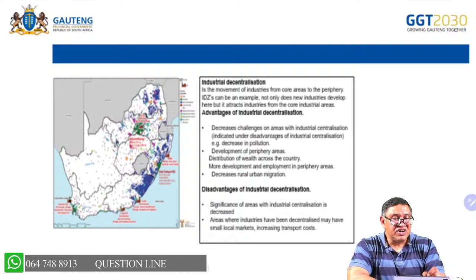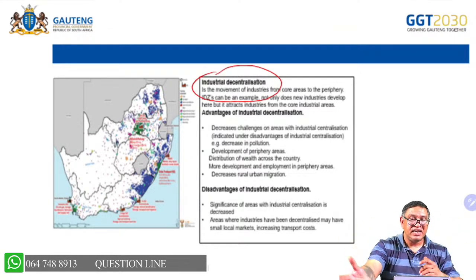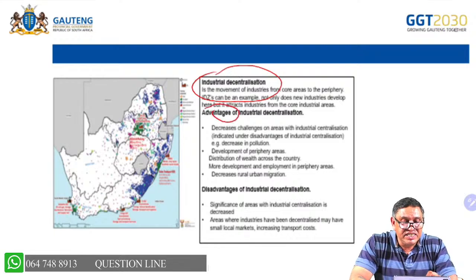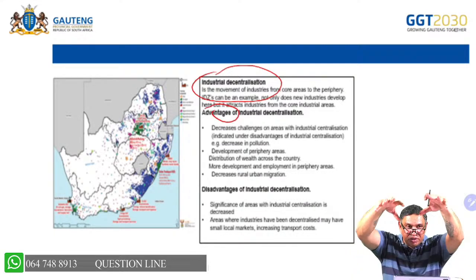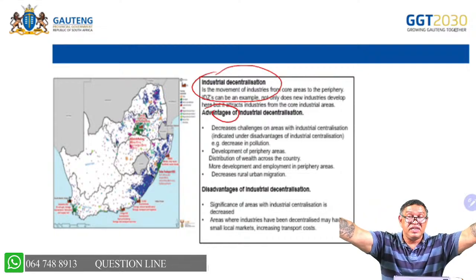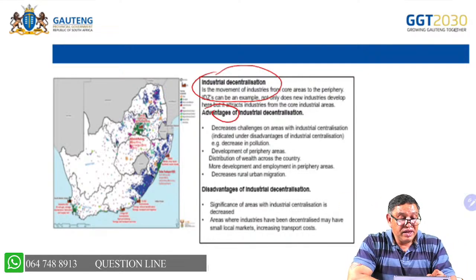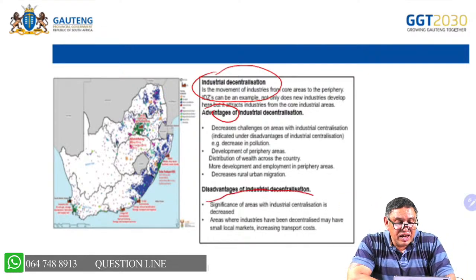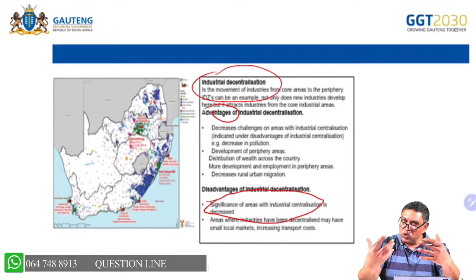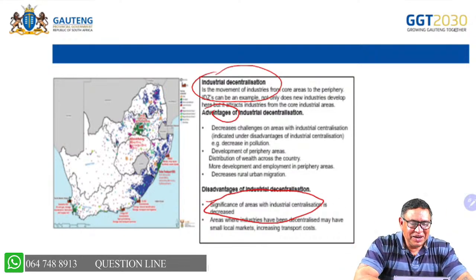Industrial decentralization, movement of industries out like your IDZ, SDI. Advantages: less challenges on areas like the PWV, less industries in those areas. Other areas now develop like Saldanha Bay, the West Coast. Okay, disadvantages: the core industrial areas lose their significance because things move away.